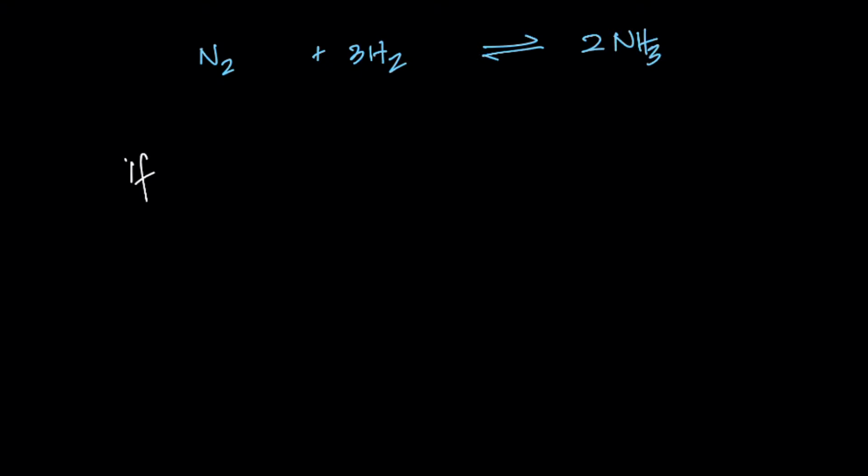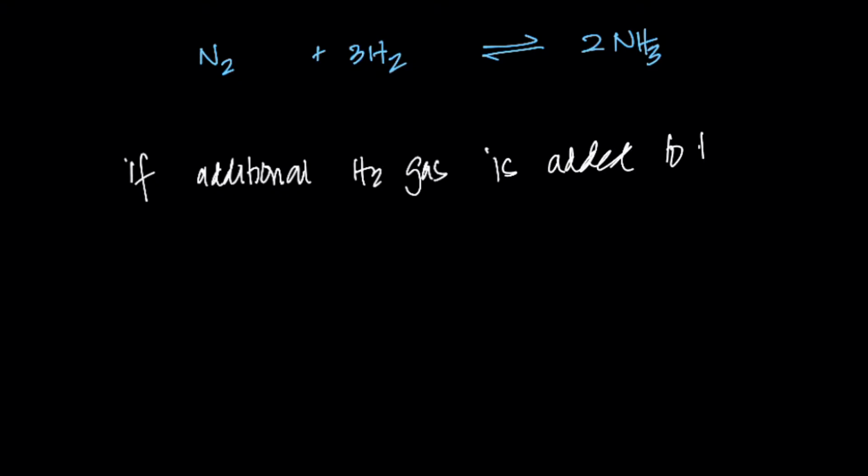Now, let's say additional hydrogen gas is added to the equilibrium. There's already an equilibrium established. You are going to be asked what will happen after the equilibrium is established. So I'm saying after the equilibrium is established, if additional hydrogen gas is added to the equilibrium, you can explain what will happen.